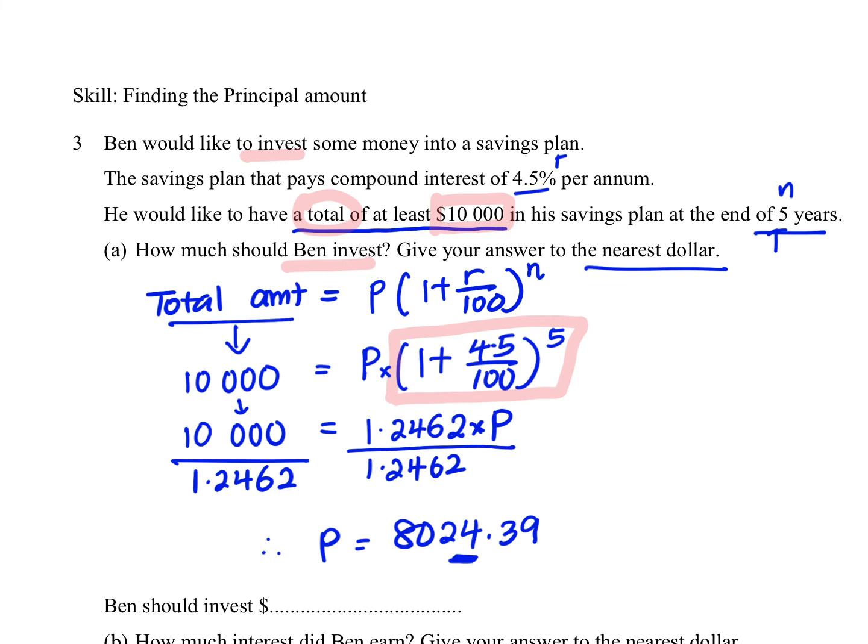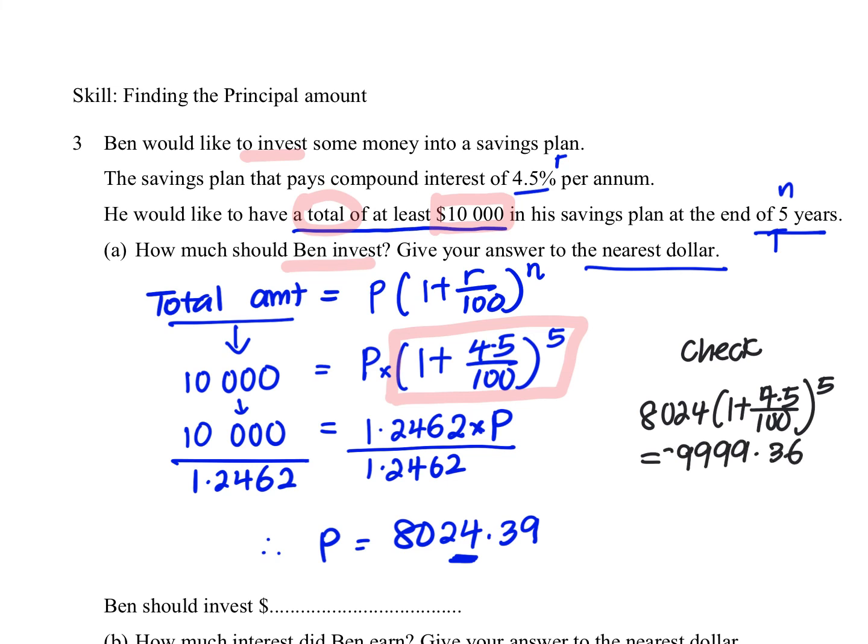All right, so 8024. Please check your answers. If I were to have 8024 times (1 + 4.5/100) to the power of 5, I press this into my calculator, I will only be able to get $9999.36.